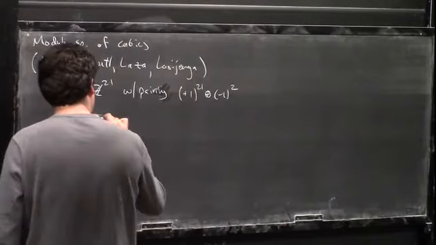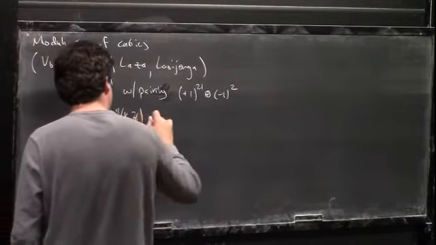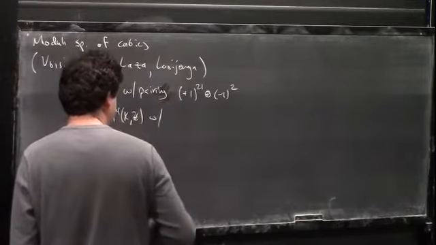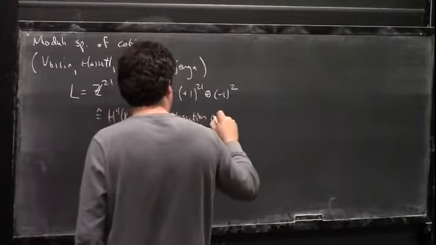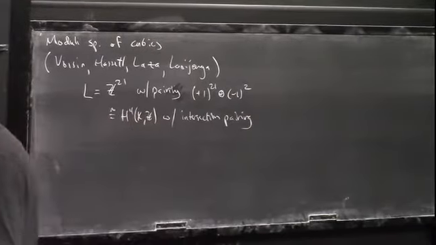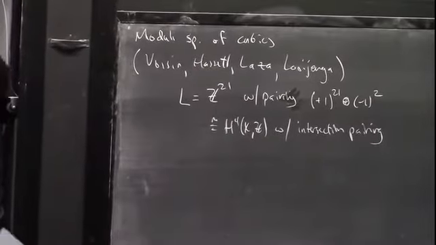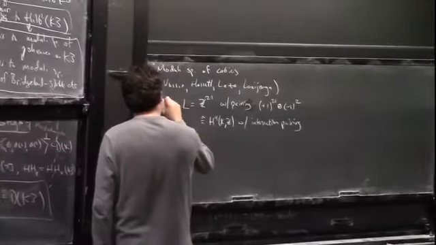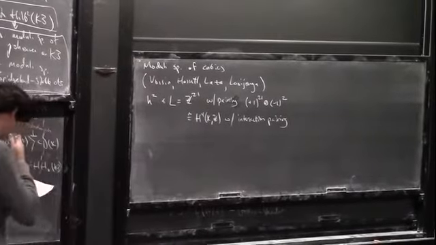And so this is isomorphic to H^4(X, Z) with its intersection. And so in here I can pick some vector of length 3, which I'm going to call H squared.